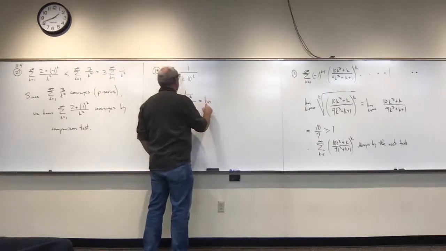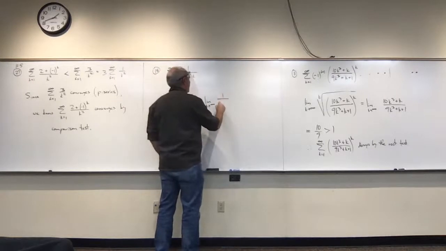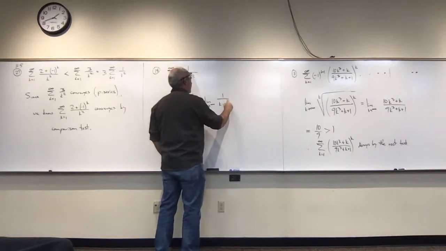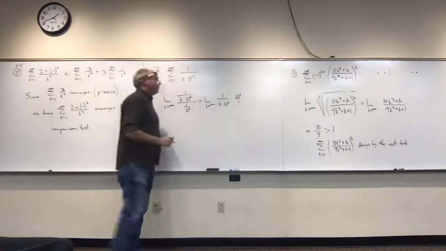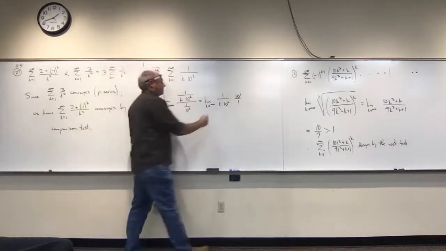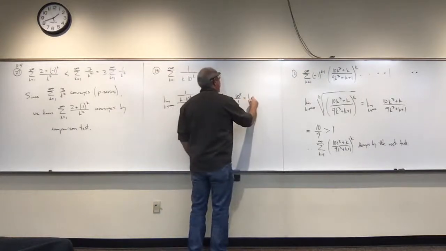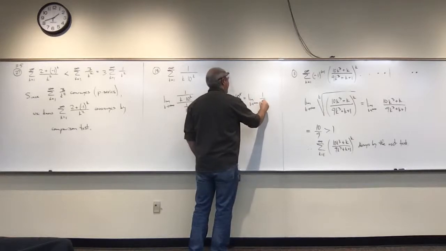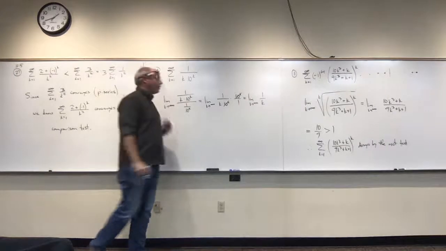We get the limit as k goes to infinity of 1 over k times 10 to the k, times 10 to the k over 1. The 10 to the k's cancel, and I'm left with the limit as k goes to infinity of 1 over k. And that's 0.